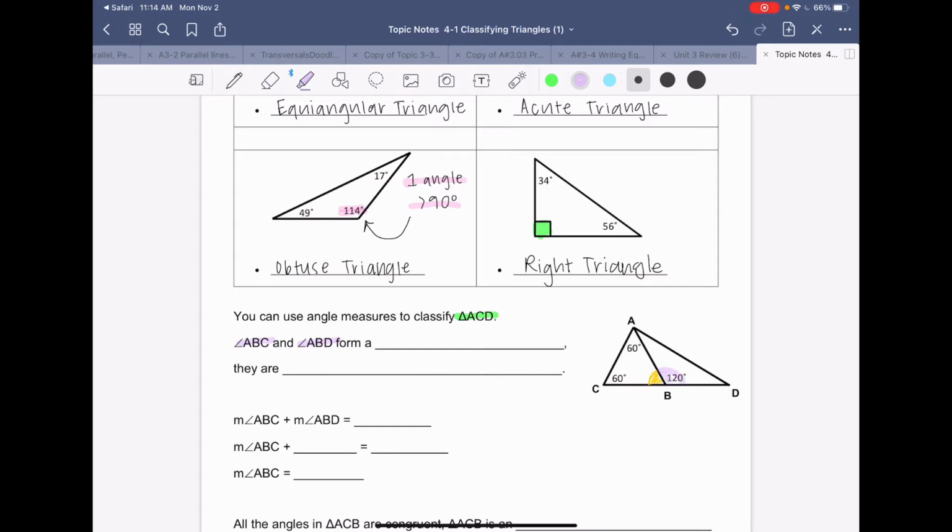So these angles create what kind of pair? Okay. They form a linear pair. So they form a line. So they form a linear pair. So a linear pair. So they are supplementary. And what does supplementary mean again?